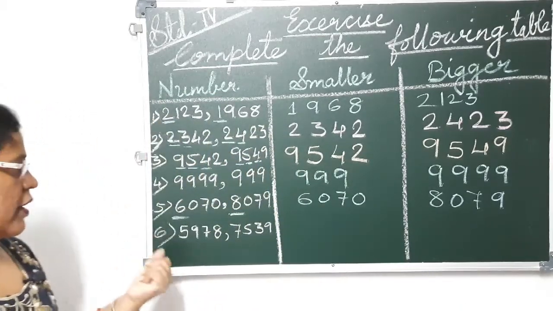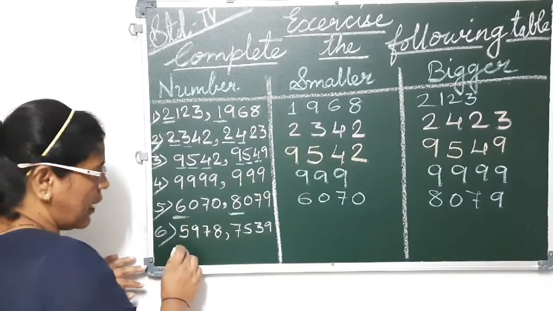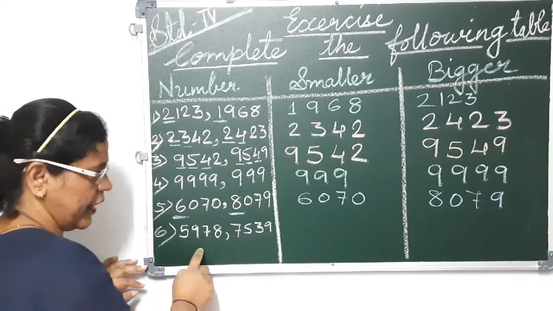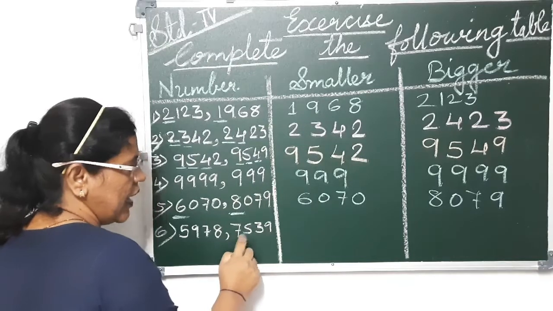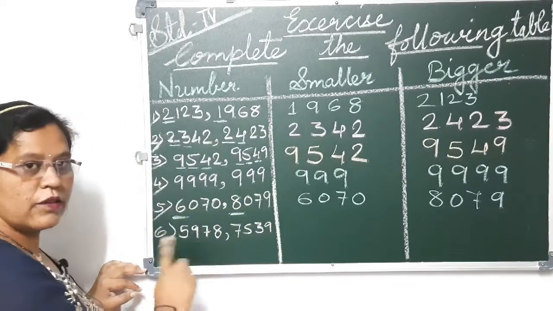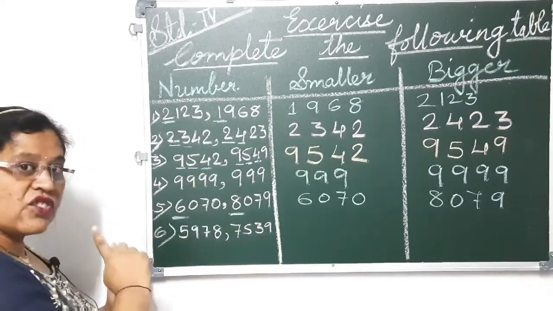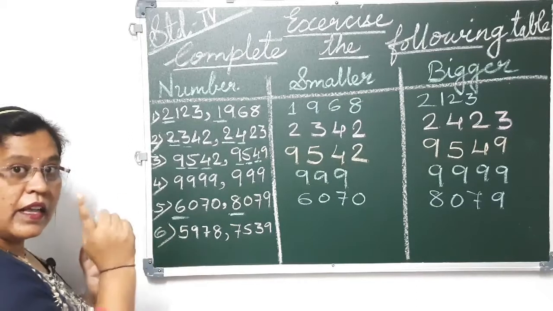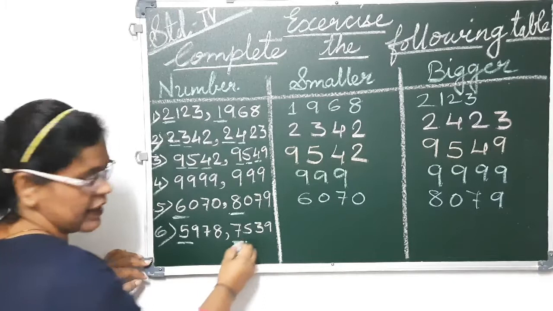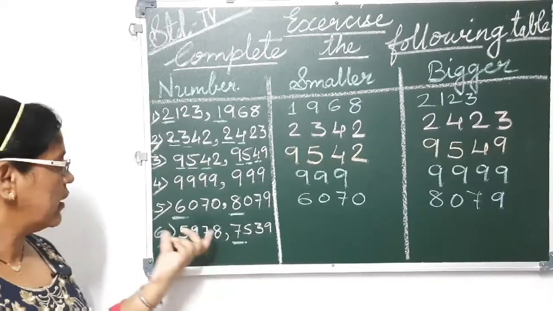Understood? Yes. Now the last sum of this exercise, and that is 5978 and 7539. So here also 4 digit and 4 digit. Now what you have to see? You have to compare the thousands place value. Here 5 is given, here 7 is given. So now which number is smaller and which number is greater?